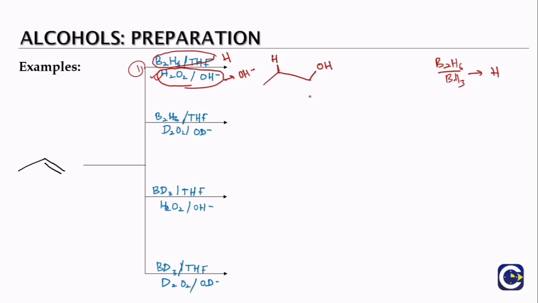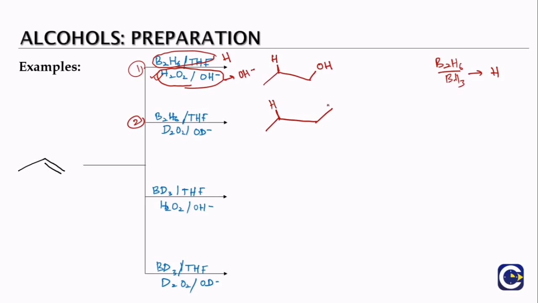Okay, this is simple. Now looking at this example, again we have the same alkene. We will again have syn addition, that is, hydrogen and hydroxyl ions will be syn.